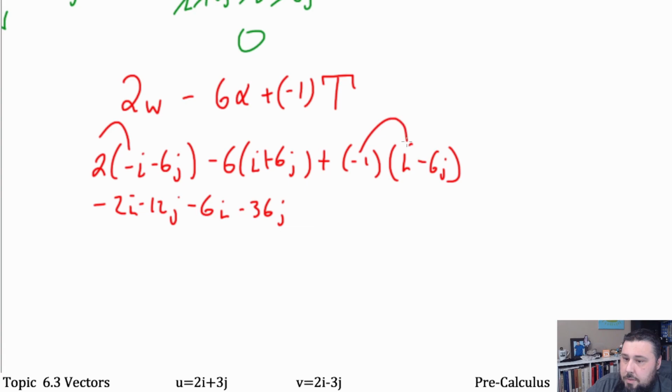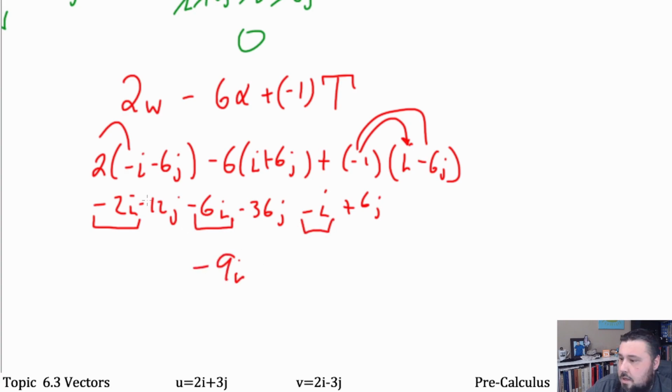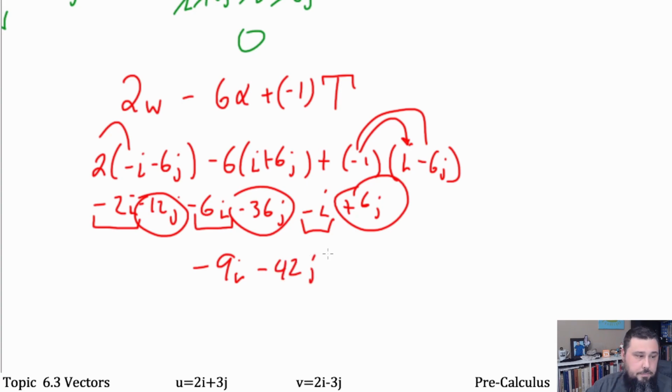And now I'm going to distribute my negative 1 in. So this is going to give me minus I, and here I'm going to get plus 6j. So negative 2i minus 6i minus i is negative 9i. Negative 12 and negative 36 is negative 48, plus 6 is negative 42j.